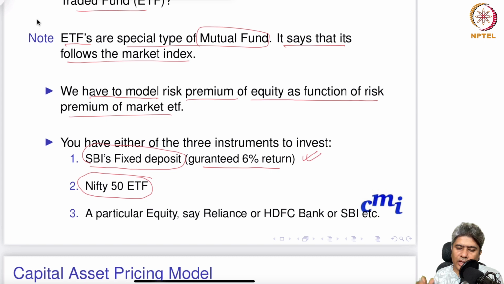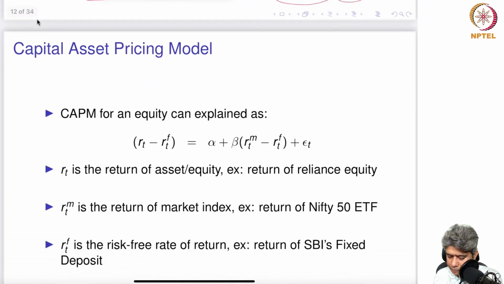If it goes down by 3%, it gives you a return of -3%. So either you can invest in the overall market, or in a particular equity, say Reliance or HDFC Bank or State Bank of India.